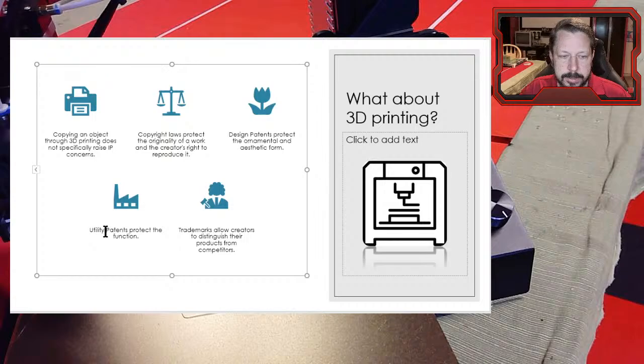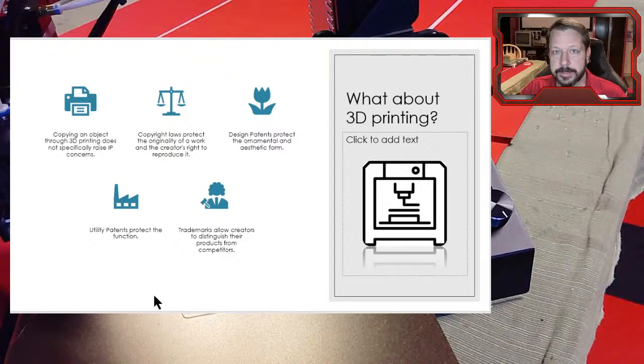Utility patents protect the function. So maybe I'm printing something that's a functional object. I might have complete access to the code that created it. Maybe I created it myself. What if I wanted to replace a part on my car, and I made a copy on my own?